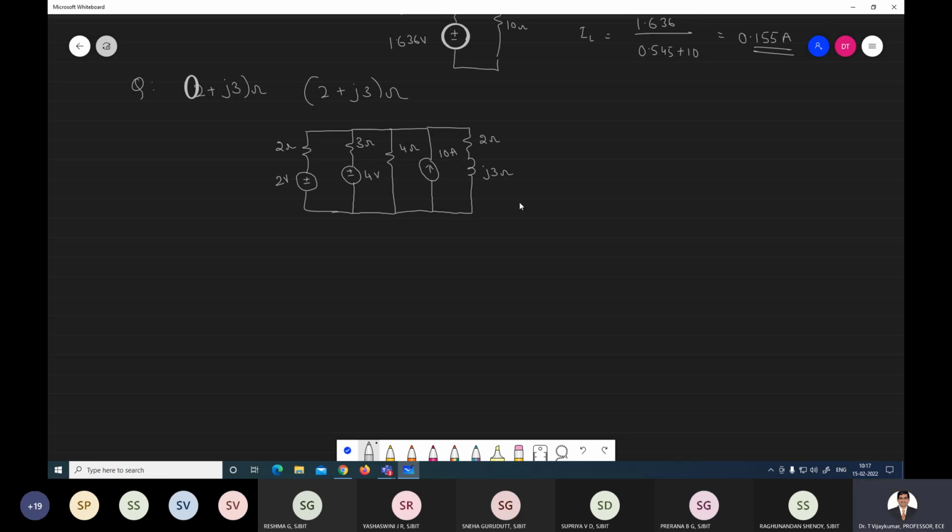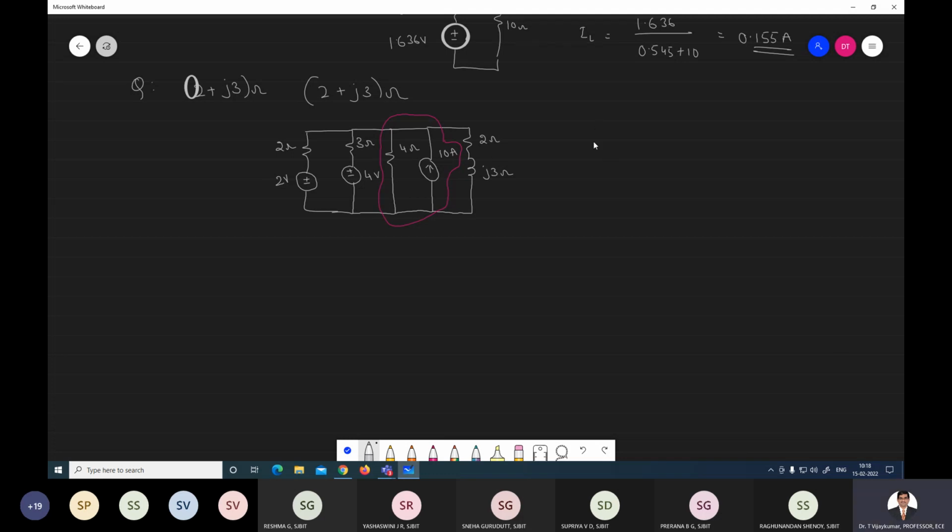This circuit is not in the standard form to convert directly using Millman's theorem. Here they have given one current source, and the resistor is connected in parallel. You convert this into a voltage source. First convert this into a voltage source and redraw the circuit.